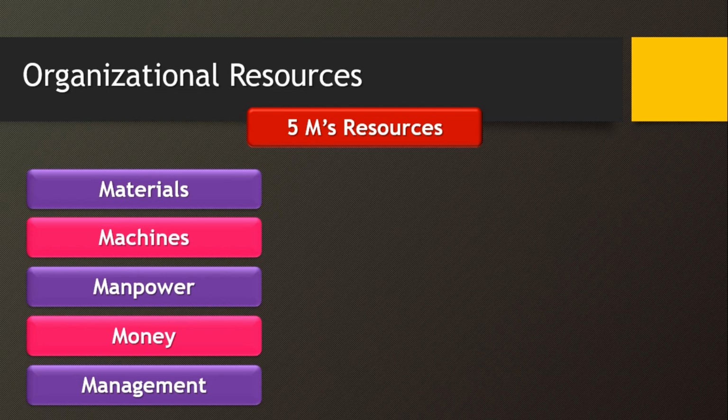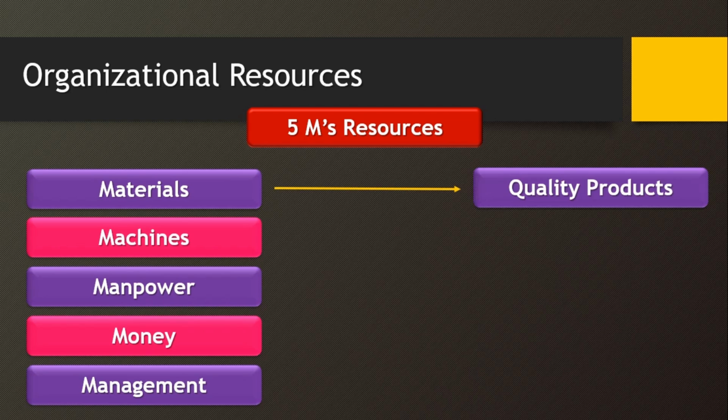The materials are important because these materials will be required to convert into finished goods. If you have access to good quality materials in the 5 R's, that is the right quality, right quantity, at the right time, at the right price, and at the right place, then you are able to manufacture quality products. And if you can manufacture quality products, then obviously these quality products will help you provide value to your customer, and that value will result in customer satisfaction.